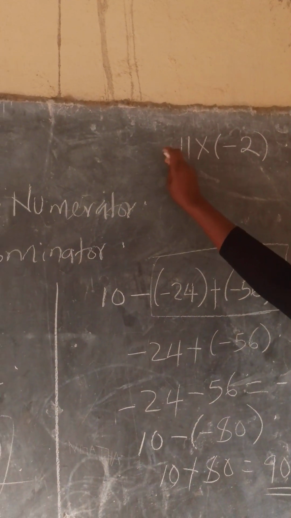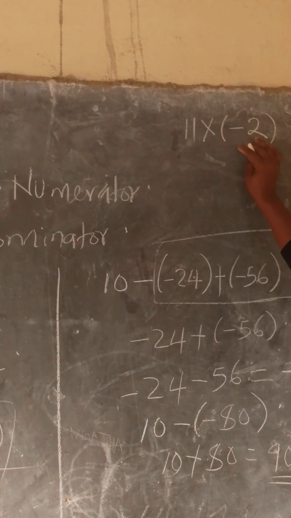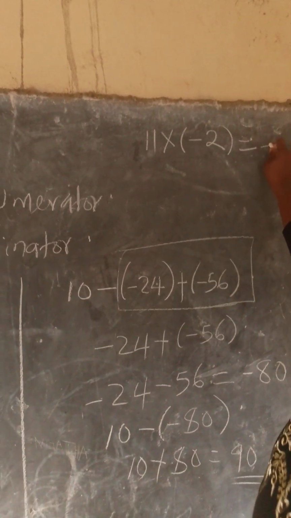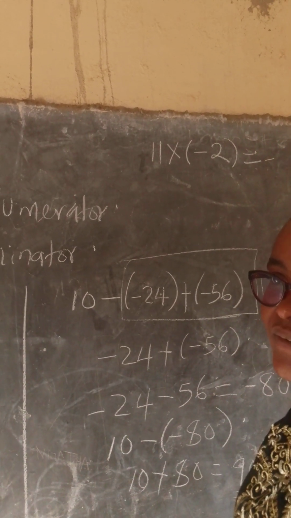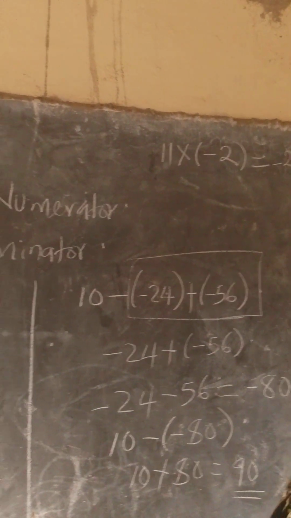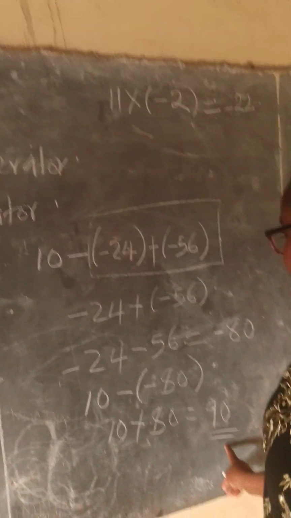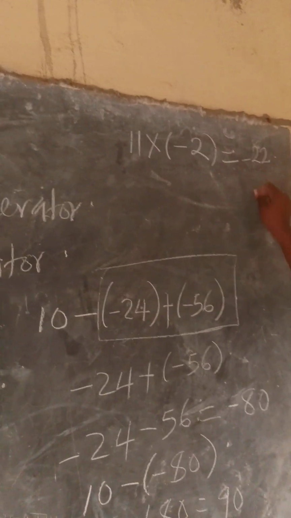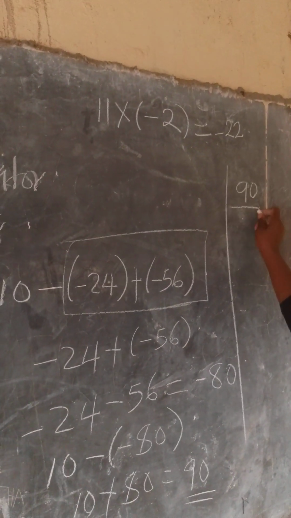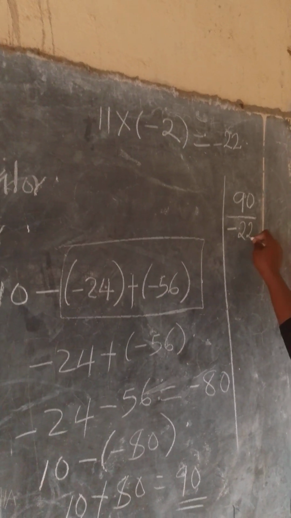This is a positive integer times a negative integer. The answer is supposed to be negative, which is negative 22. And therefore, the numerator was 90 and the denominator is negative 22.